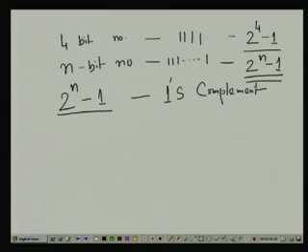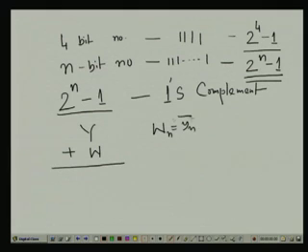So, what we have seen is that if I take y plus w, where wn is yn bar, then this is always 1, whatever the bits, if it is n bit.